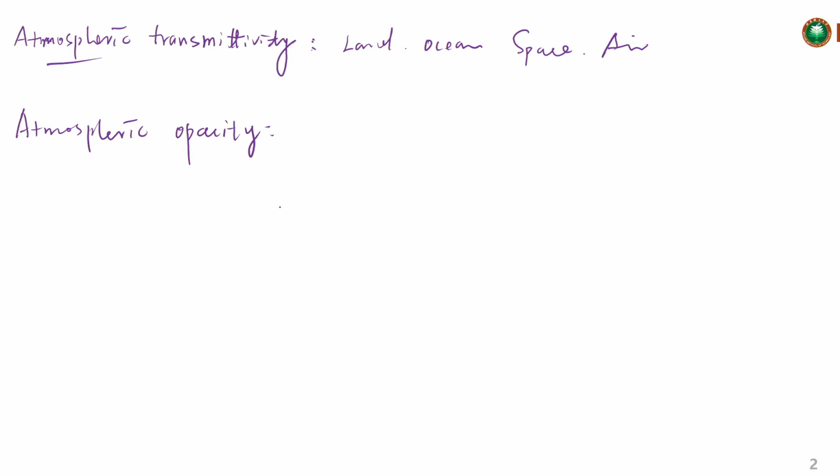Another one is the opacity. This is because when we want to observe the atmospheric constituents, we hope it's going to give us the backscattering components.